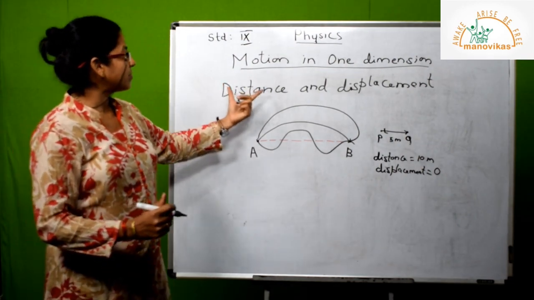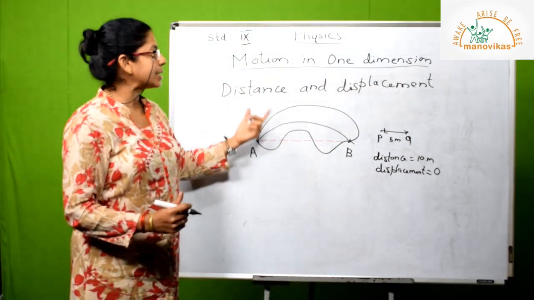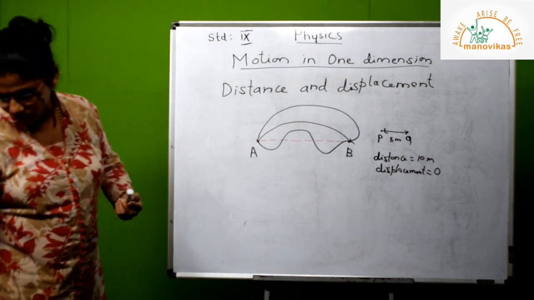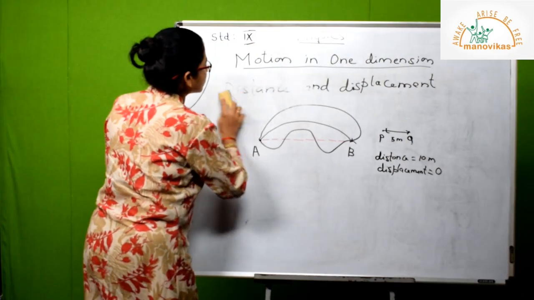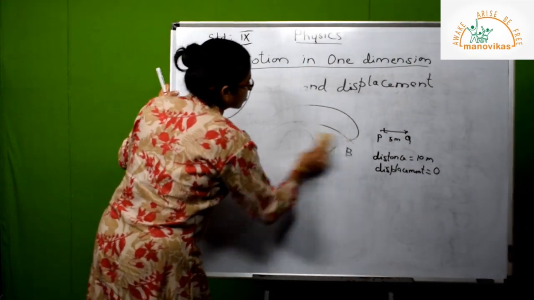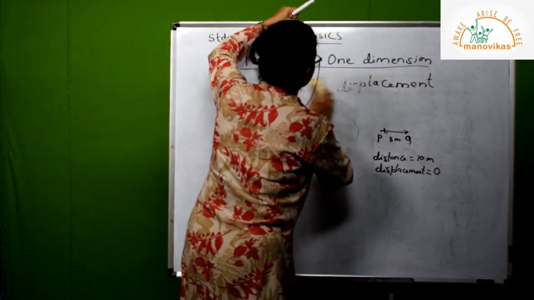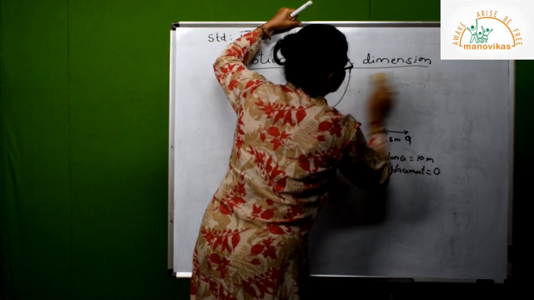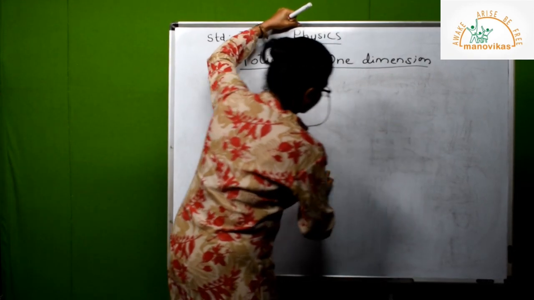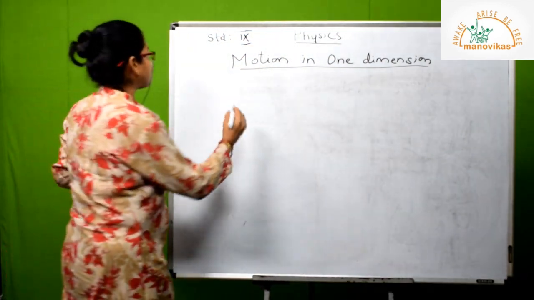So once we know distance and displacement, the next part is about speed and velocity. The next concept is speed and velocity.